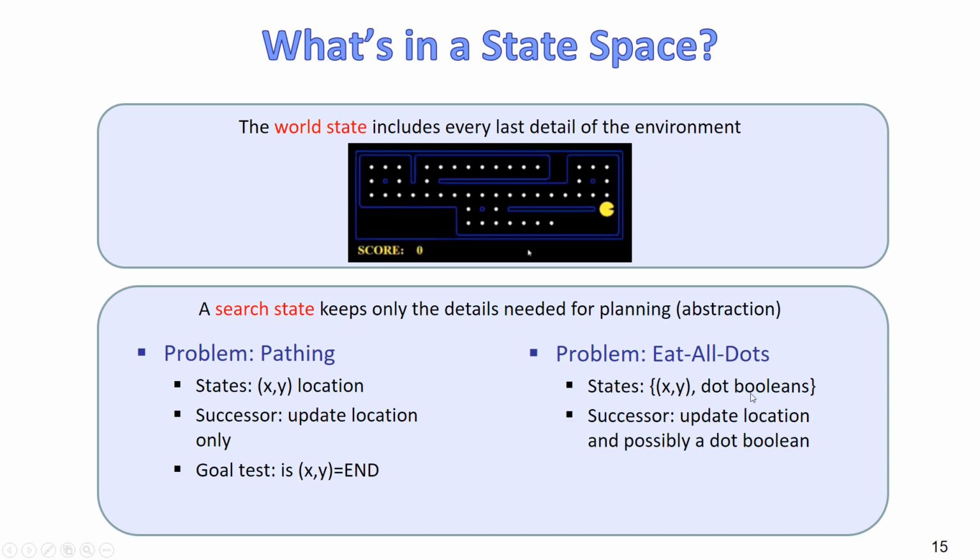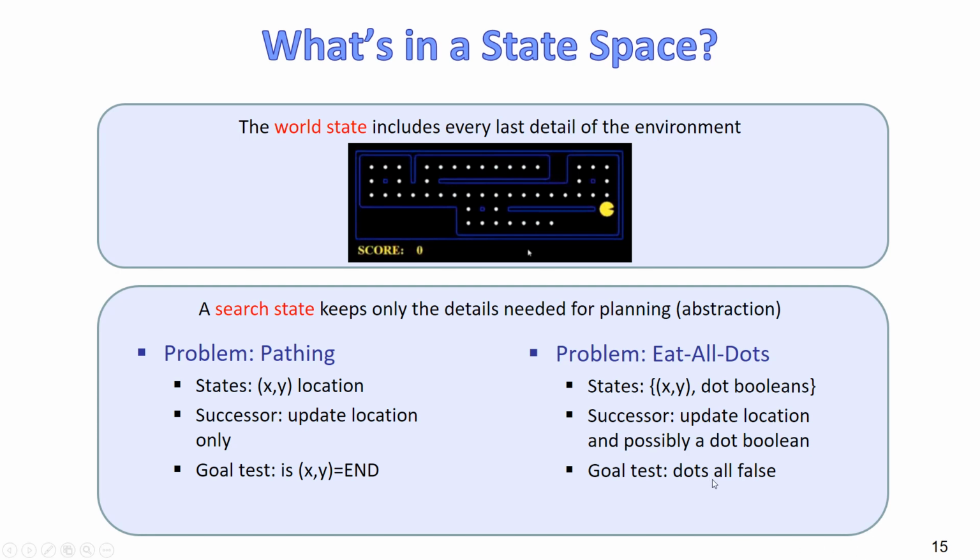So the states will be xy, which is the position of Pac-Man, and the dot booleans, one boolean for each dot. And the successor will take one state and update the location, and possibly a dot boolean. If the agent went over a dot, then it will be eaten, which means we have to update also the state of the dots. And the goal test is to test whether all dots are false.